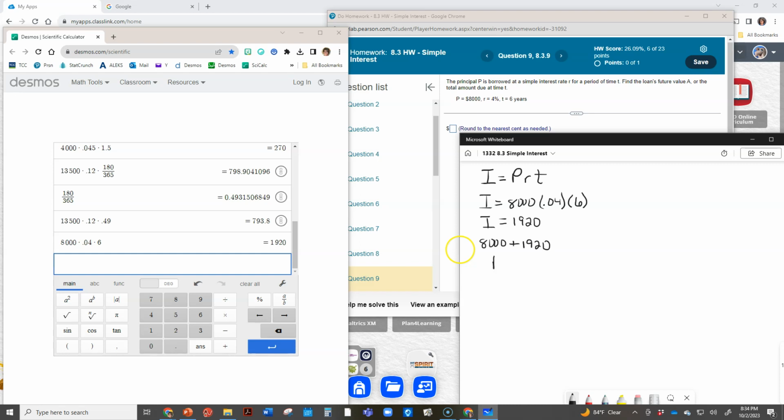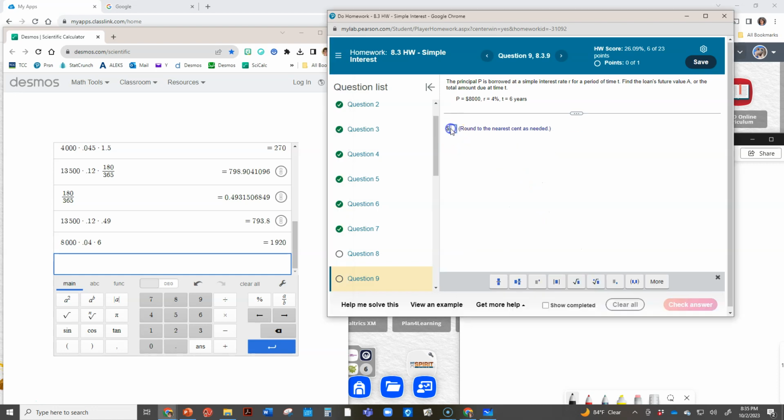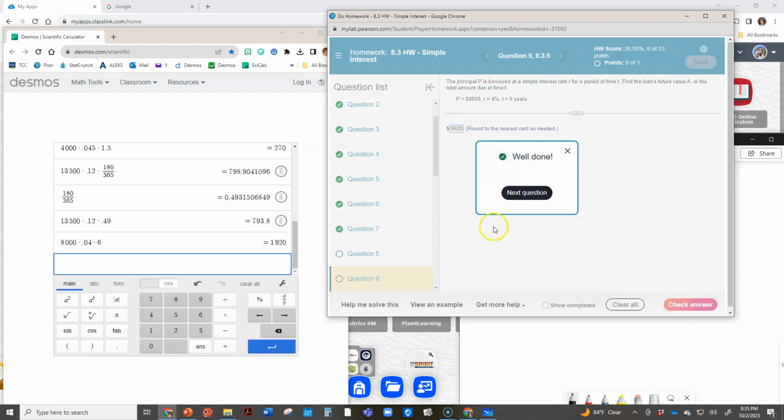You pay back principal plus interest. That's your total repayment, or they're calling it the future value of your loan. So we're going to take those two numbers, and I think that's $9,920. So that is the correct answer.